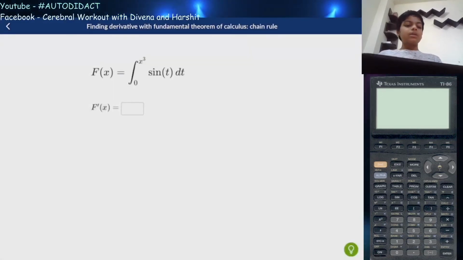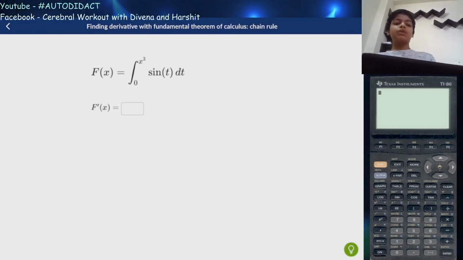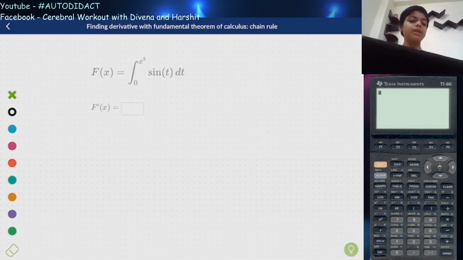Next: capital F of x is equal to the integral from 0 to x cubed of sine of t dt. Take the derivative of both sides.